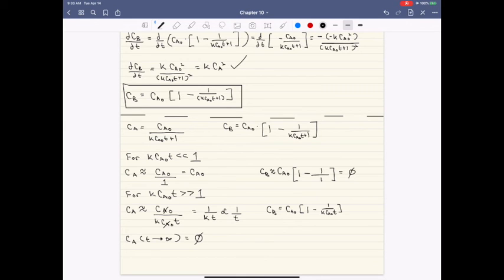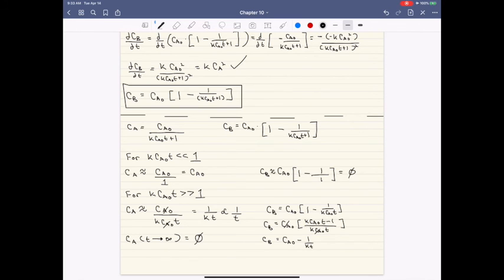We could simplify this out by finding a common denominator, k Ca naught t minus 1 over k Ca naught t. These terms cancel, and what we're left with, after a little bit of simplification, is Ca naught minus 1 over kt.